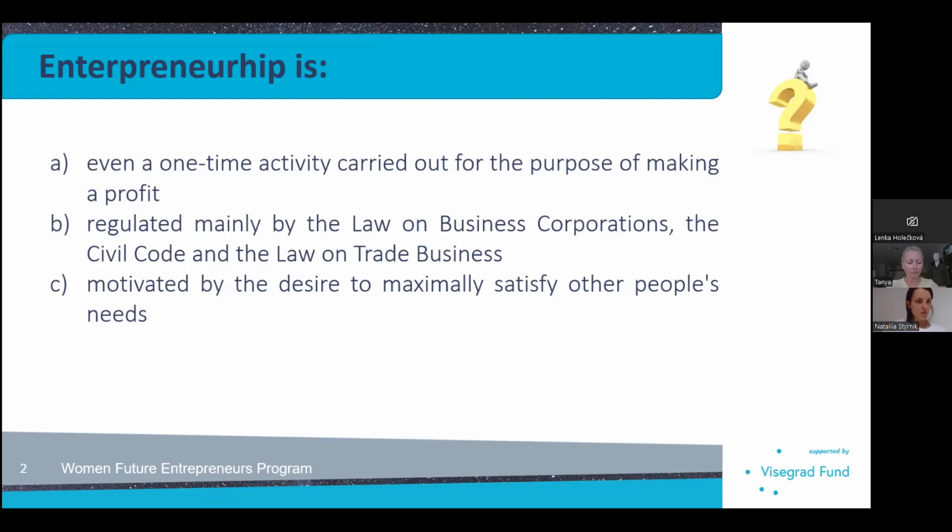So now you have time to read the possible answers. If it is even a one-time activity that is connected with making a profit, if it is regulated by some rules that are outlined there, and also there is another choice.